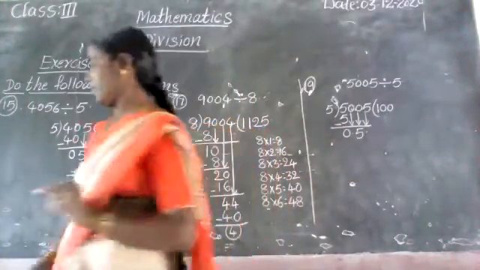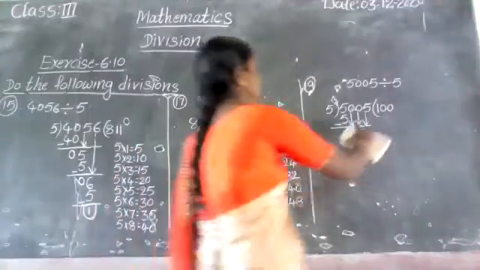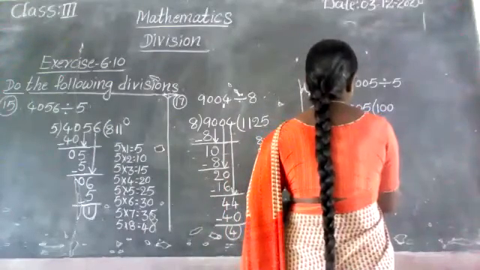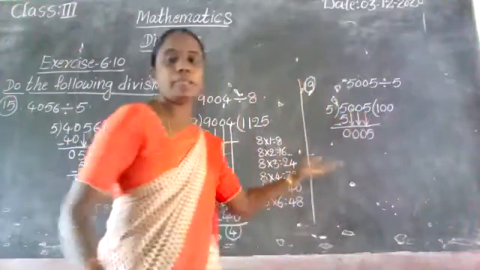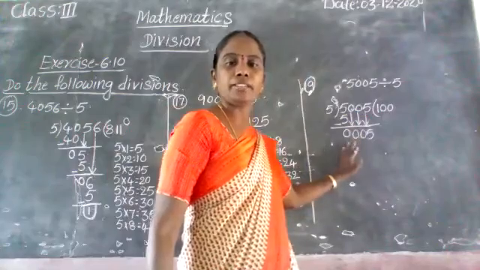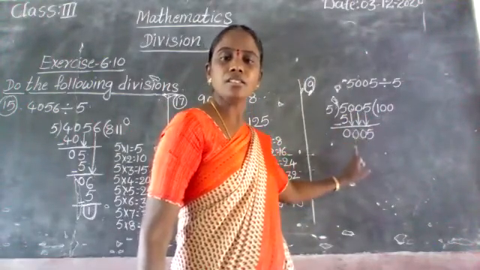Here if you have any doubt, you can write it this way also, nothing will happen. You can write 0 here: 5 zeros are 0.